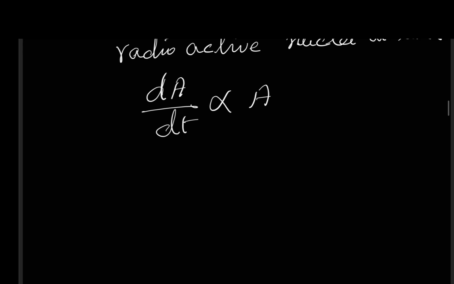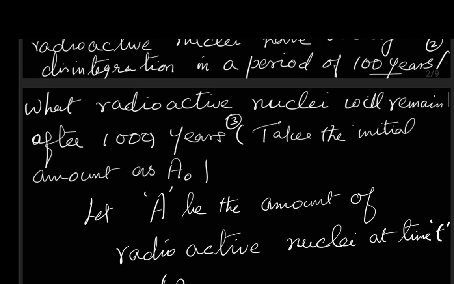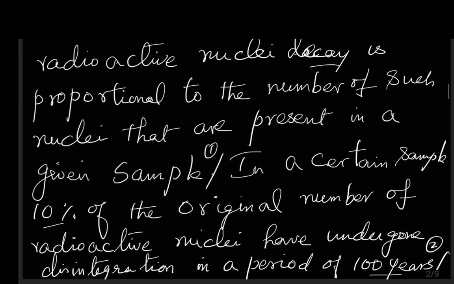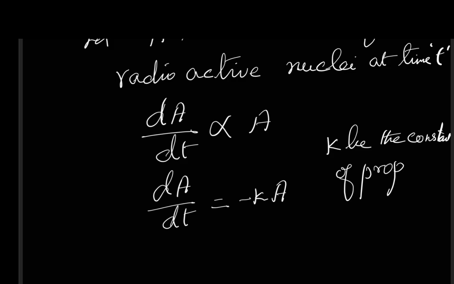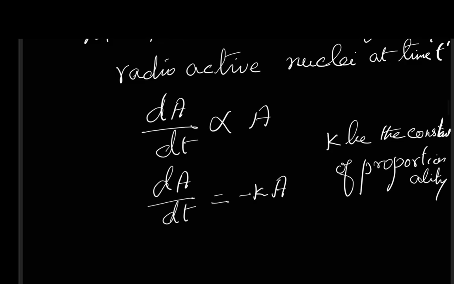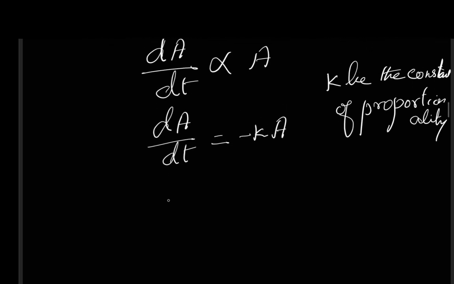So dA by dt is equal to minus K A, since the amount decays, that is reduces, so I take the constant of proportionality as negative. K is the constant of proportionality. So dA by A is equal to minus K dt.